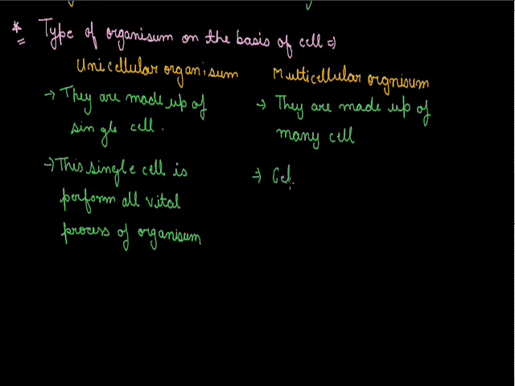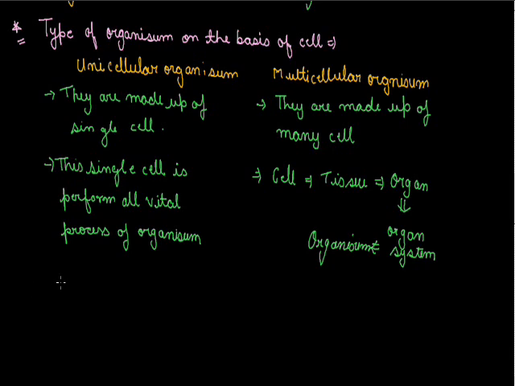The cells are aggregated for a single work and they make a tissue. Many types of tissues make a single organ, many organs make a system called an organ system, and many organ systems make a single organism.